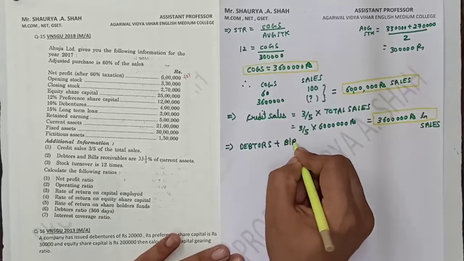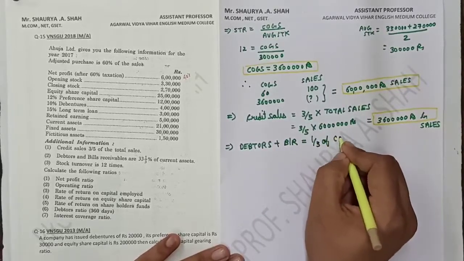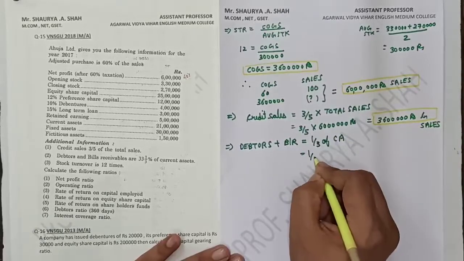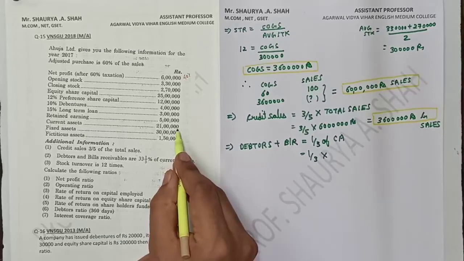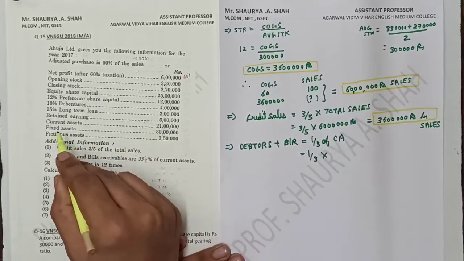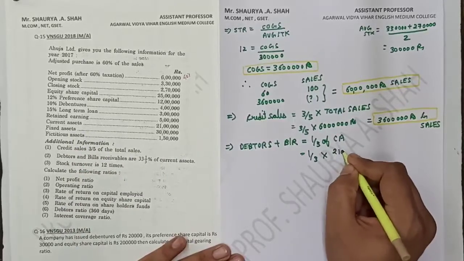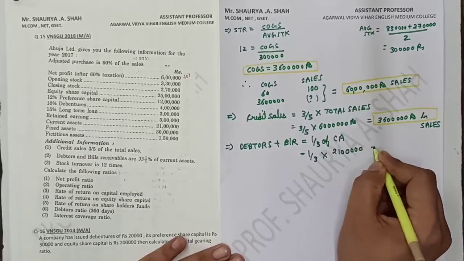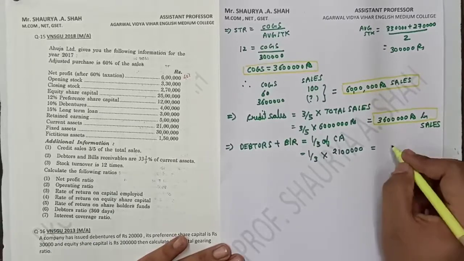So debtors plus bills receivable is equal to 1/3 of current assets. How much is my current assets, students? It is 21 lakh, as you can see. So the answer I am getting, debtors plus bills receivable, is 7 lakh rupees, right?